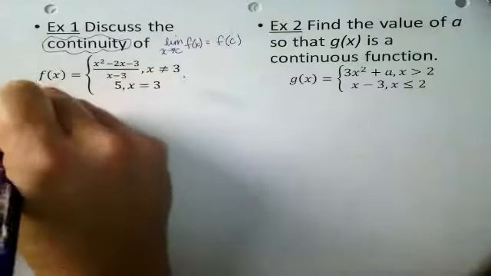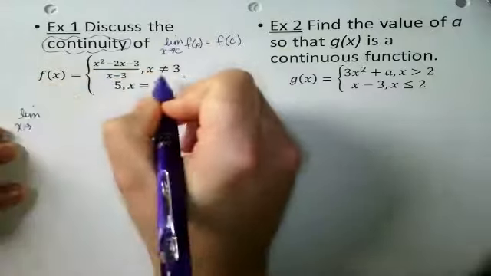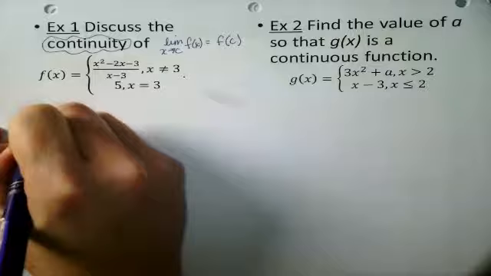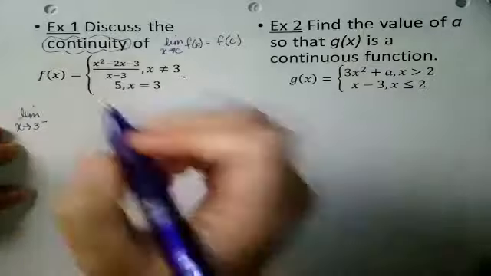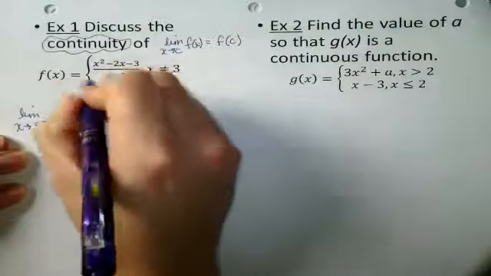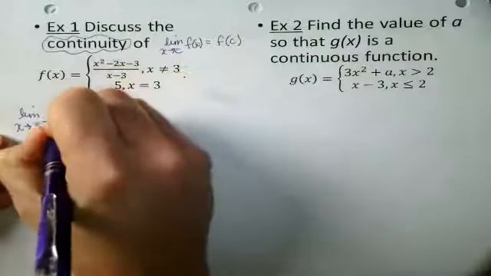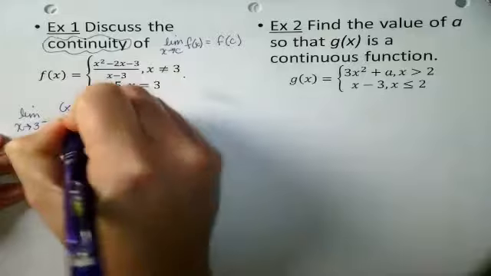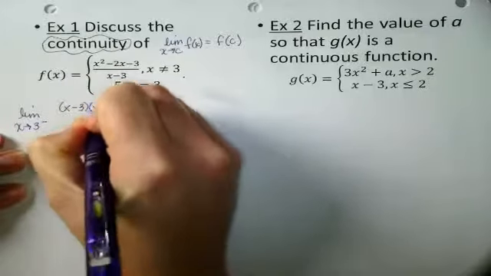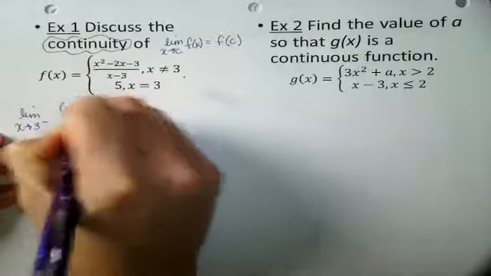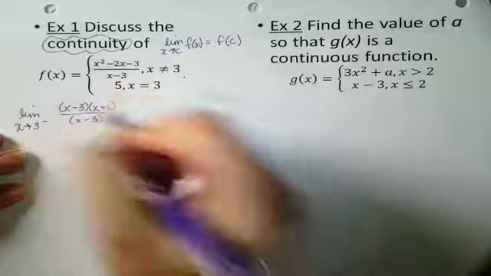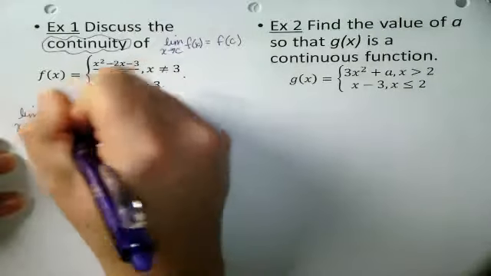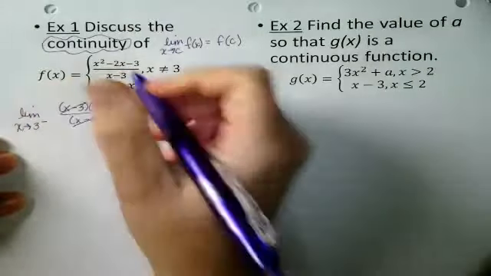The limit as x approaches 3, you'll notice this is undefined at 3, from the left of this piece of our function. And it looks like this: x minus 3 times x plus 1, over x minus 3. Okay, well, we can see that that's going to reduce. That's nice, that's convenient.